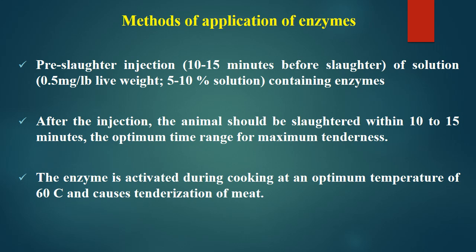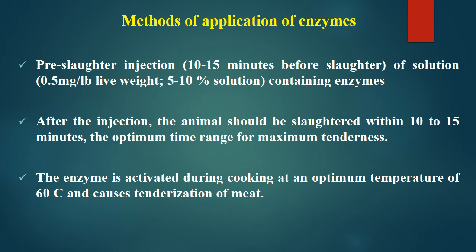So this is one option, that is before slaughter we can inject the enzyme solution. After the injection the animal should be slaughtered within 10 to 15 minutes. The optimum time range for maximum tenderness is to inject the enzyme solution 10 to 15 minutes before slaughter.